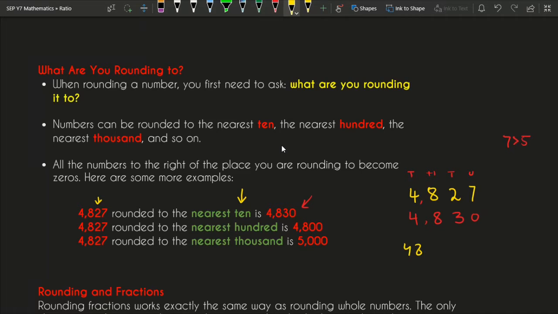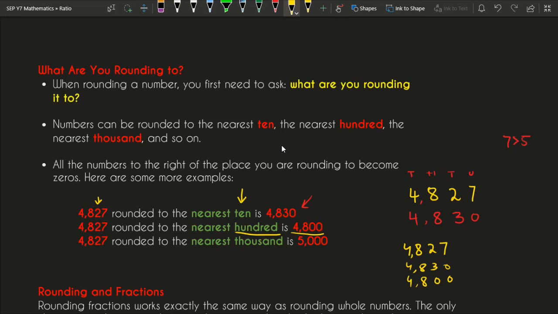We shall now round the same number to the nearest 100. In this case, 8 lies at the hundreds position. 8 is followed by 3, so 8 would be rounded down to 800. Our number becomes 4800.